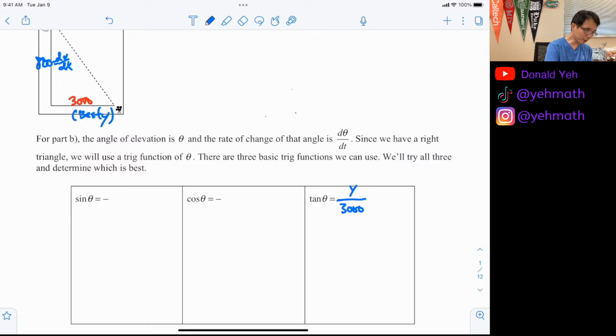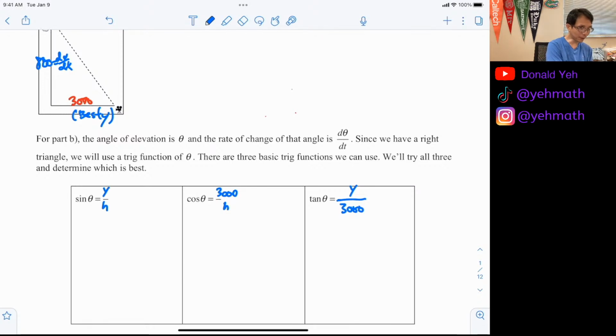X over 5000, but 5000 is changing, so that's not the one. Cosine theta is going to be 3000 over h, right? And sine theta is going to be what? Y over h. They both are changing.